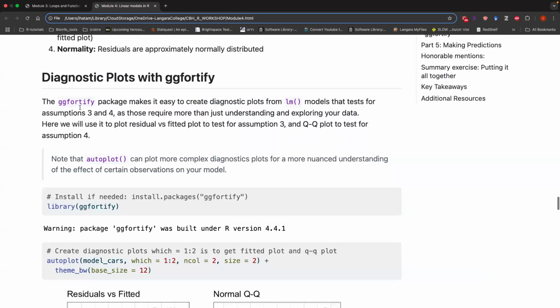So did you guys already install ggfortify earlier? Okay, so Yasmin, just do install.packages ggfortify and then load it. Load library ggfortify.